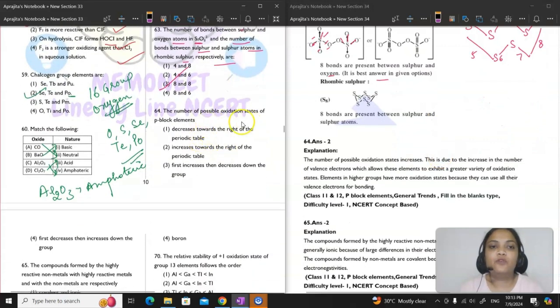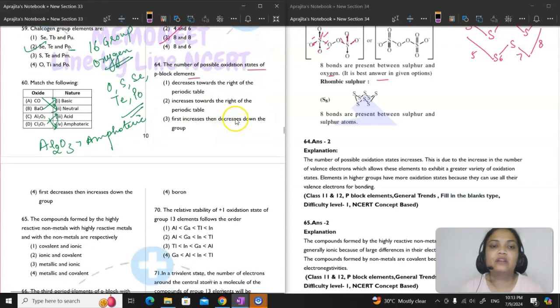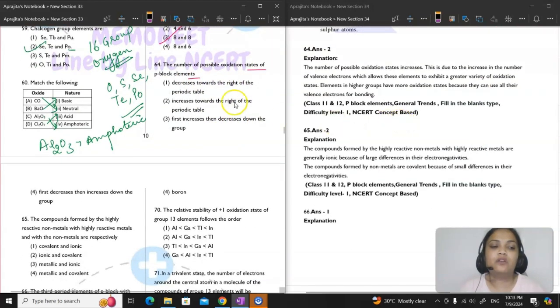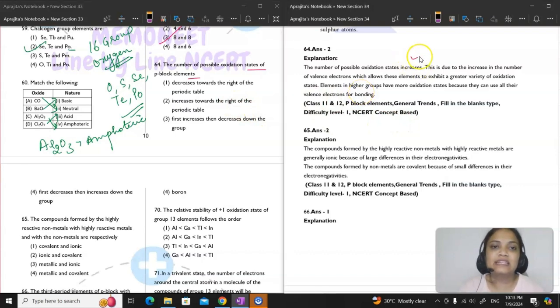Question number 64. The number of possible oxidation states of p block elements. So we have to tell about the oxidation state. The number of possible oxidation states increases towards the right of the periodic table. They increase because the number of valence electrons increases, which allows these elements to exhibit a greater variety of oxidation states.